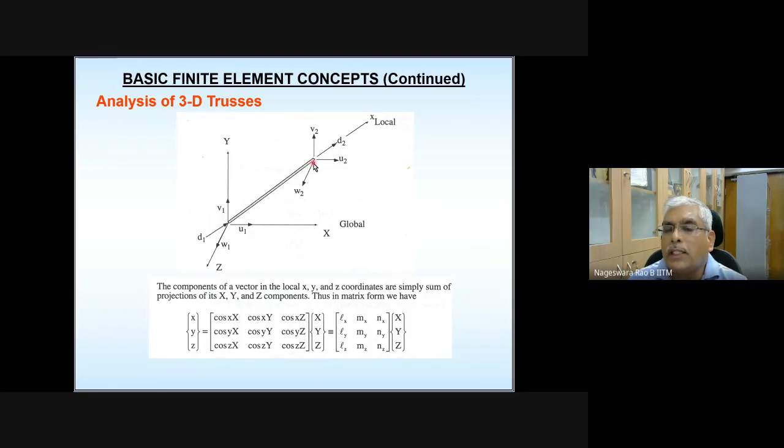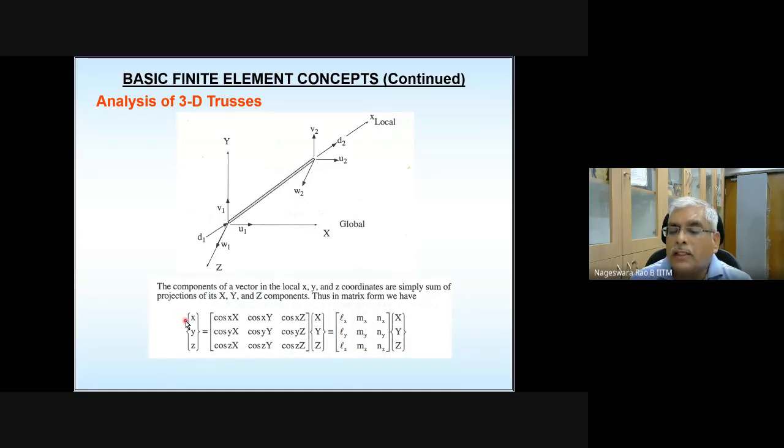What is the difference between this bar element and the previous bar element? The previous bar element is in the plane of the board, and this bar element is coming out of the board. So this is like a 3D bar element or 3D truss element. This is denoted with Lx, this is denoted with Mx, this is denoted with Nx, and other things are similarly denoted.